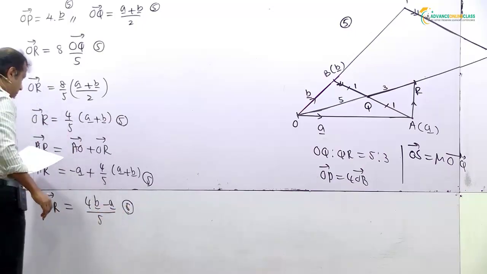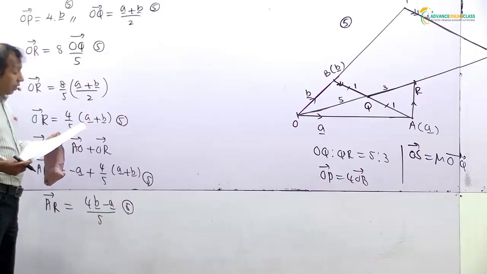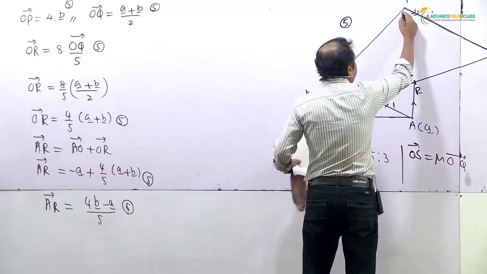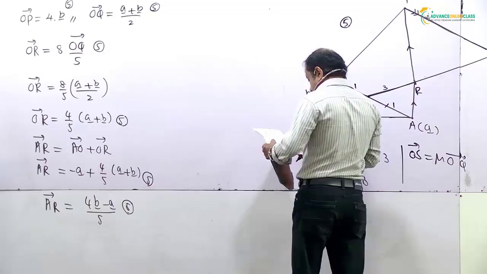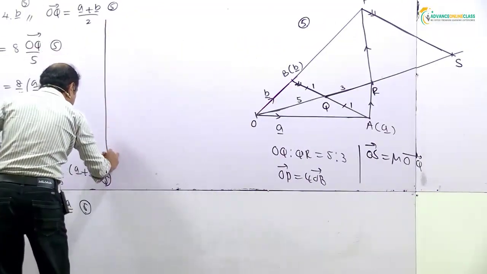Okay. AR vector is also correct. And asking RP vector. Now I can write the RP vector like this.